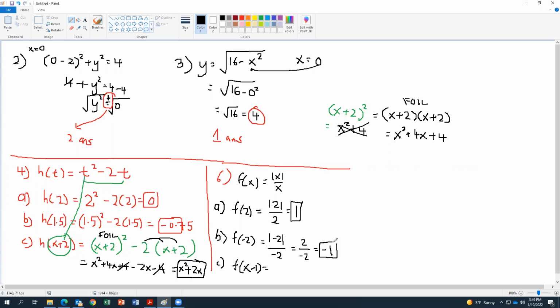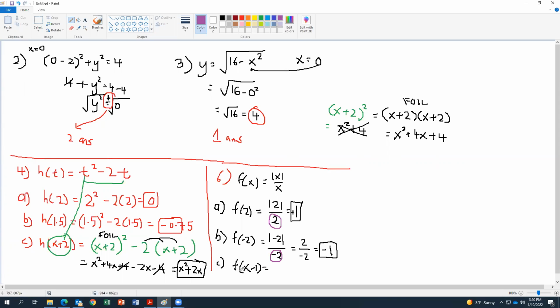So what do you notice about this question 6? You can get 2 answers, either a positive 1 or a negative 1, depending on your denominator. If your denominator is positive, you get positive 1. If your denominator is negative, you get negative 1.